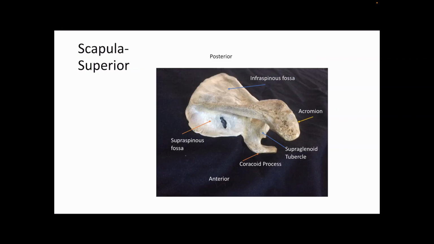From above, the scapula shows both the acromion and the coracoid process, along with the supraglenoid tubercle just above the glenoid fossa. Those two tubercles, supraglenoid and infraglenoid, are attachment points for the long heads of the biceps and triceps muscles.